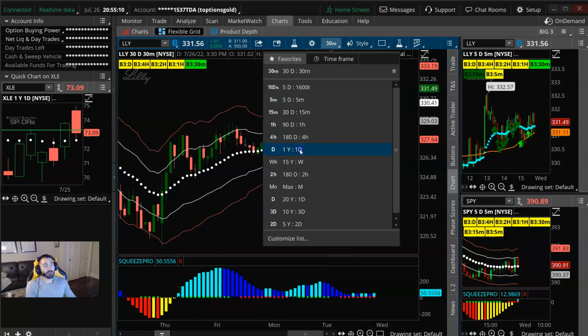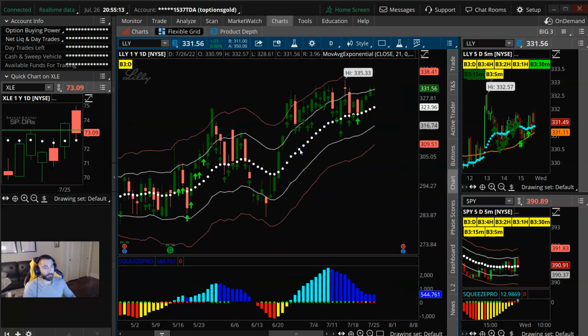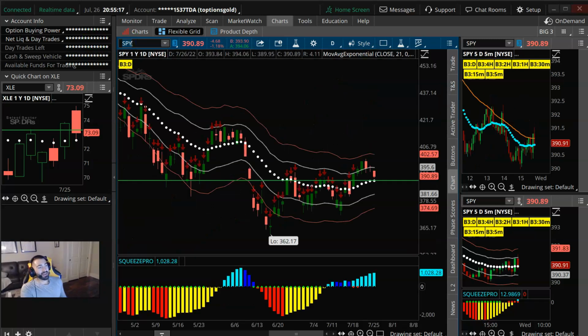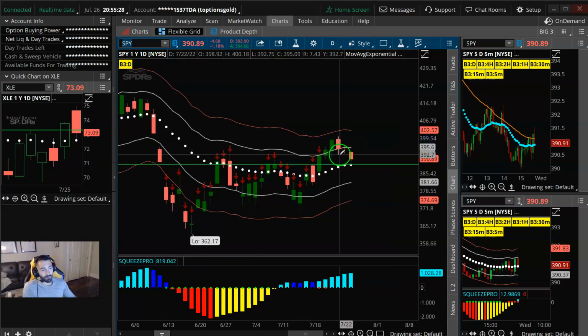Got to nail the entries, guys, but few things to watch here. Folks tend to get a little bit wary of getting long when the market pulls back for a few days. Just understand, it's all the ebbs and flows.